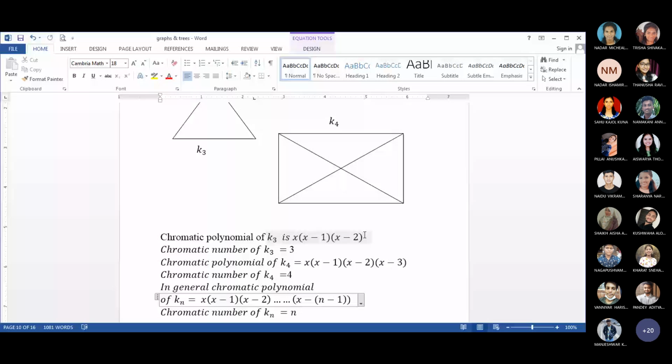Yes, sir. Again, the same thing you can observe for K4: x, x minus 1, x minus 2, x minus 3.